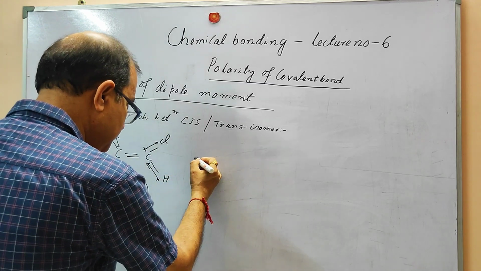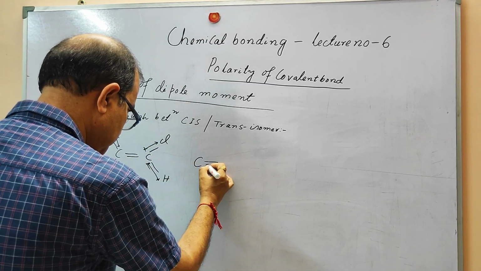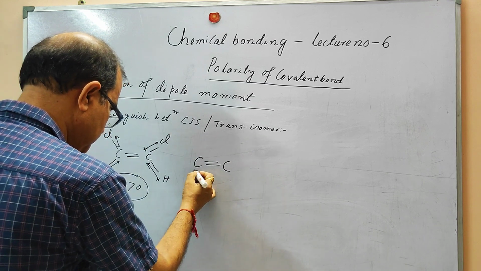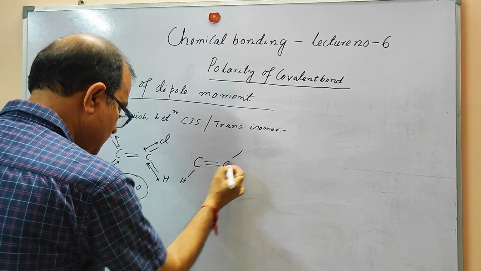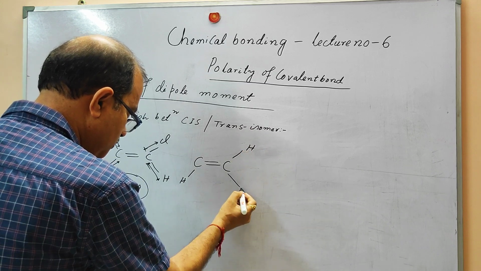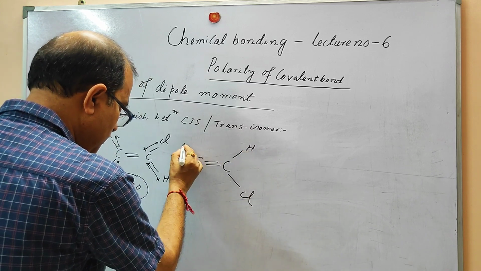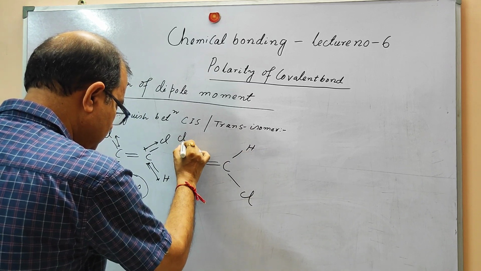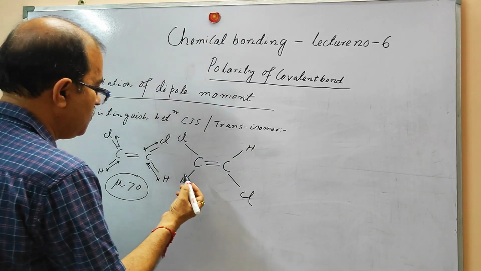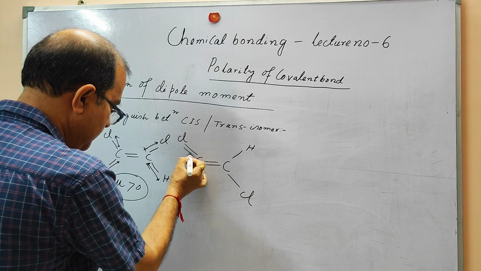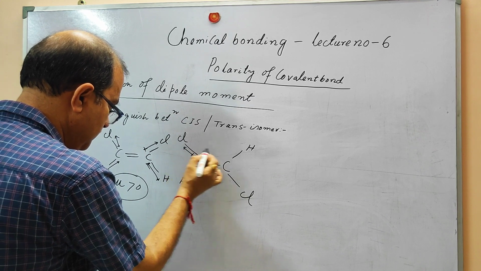Whereas in the trans isomer, the similar atoms are at the diagonals. So in this case we find that the dipole moment is 0.